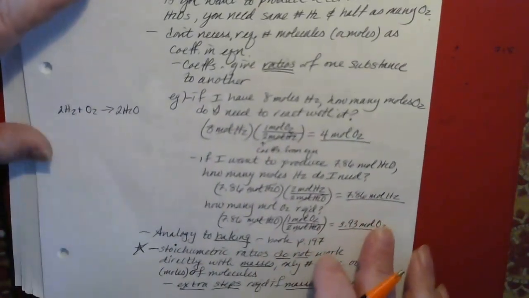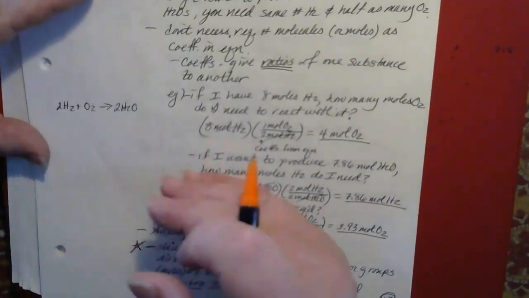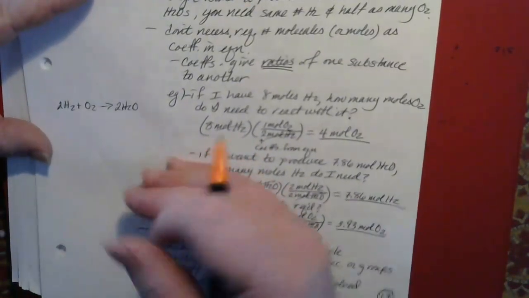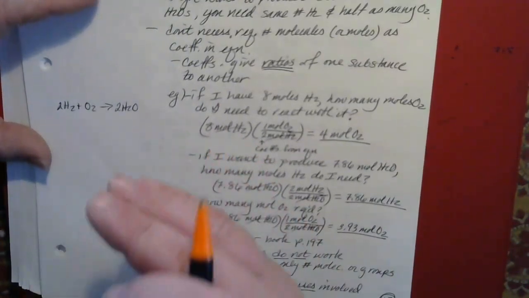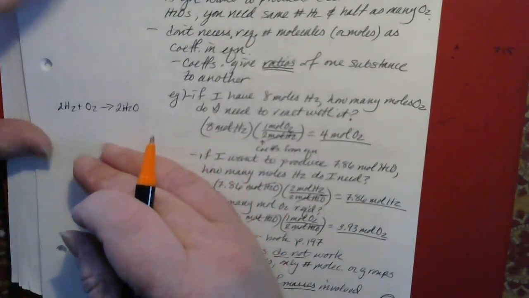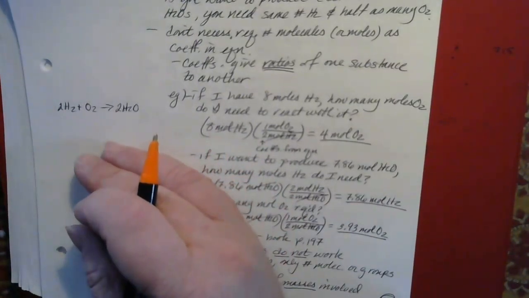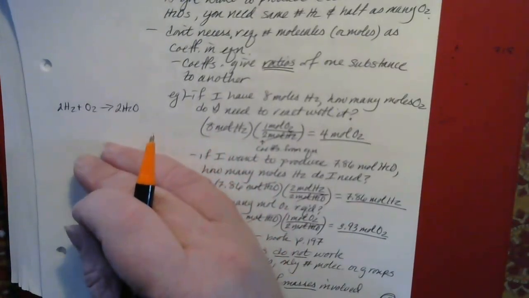And the way we use those ratios is basically you take what you're given or what you're starting out with, and we do it like a unit conversion. You take the amount in number of atoms or molecules or moles of atoms or molecules, and you multiply it by the coefficient for what you want to go to divided by what you're coming from.